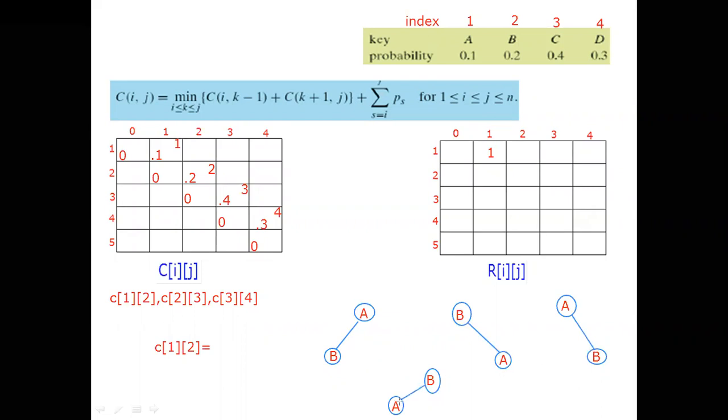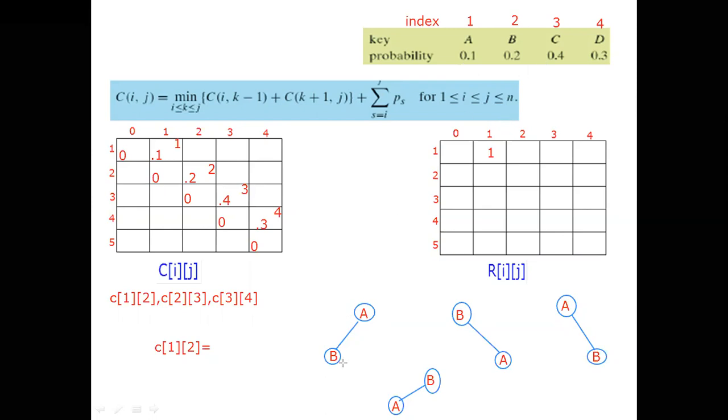See here, with the help of two keys, 1, 2, A, B, I can draw this many trees. Among these, we have to calculate which is the optimal. Two keys is okay, we got 4 combinations. If it is 3, 4, that many combinations we are going to get. Calculating it is very difficult, right? Why did I draw it like this? A can come as the root, B can come as the left child, because based upon the probability it is going to change.